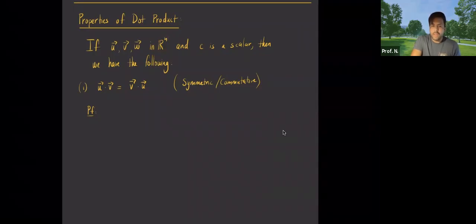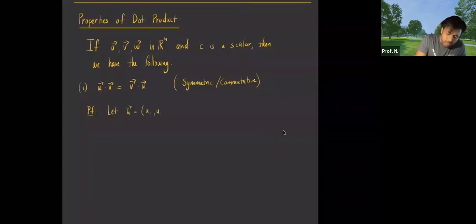If I'm in there, then what do I know? I know that u is u1, u2, u3, isn't it? That's the way we define what u is. It's an arbitrary vector in Rn. So there should be a dot, dot, dot, un.